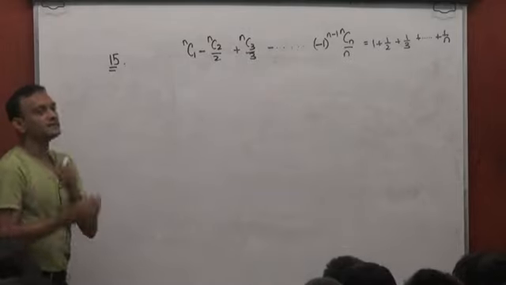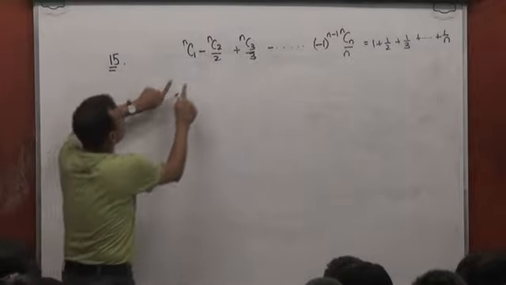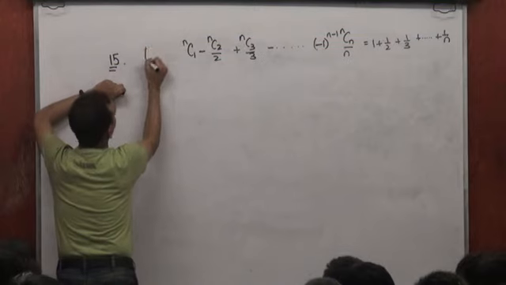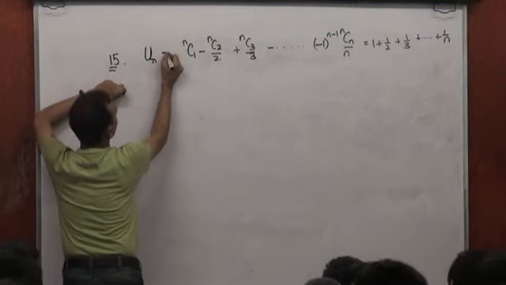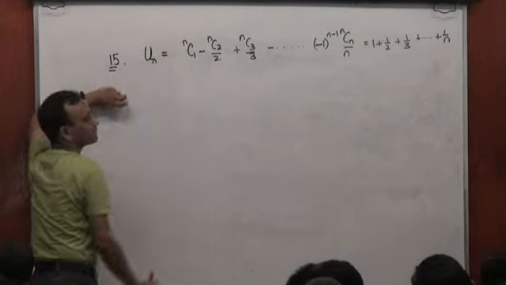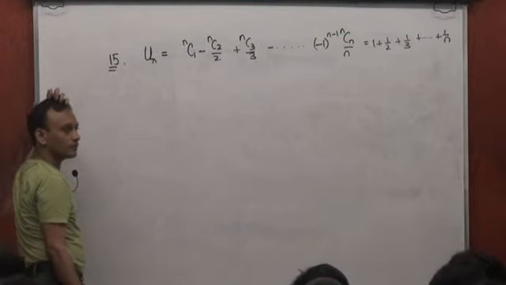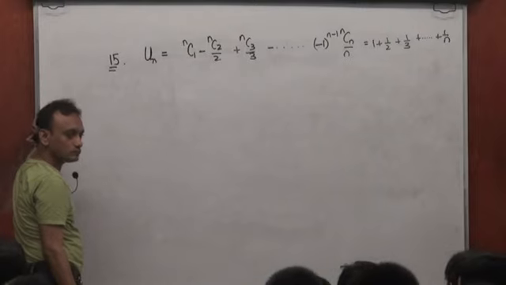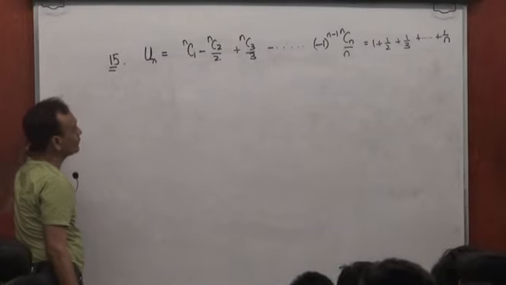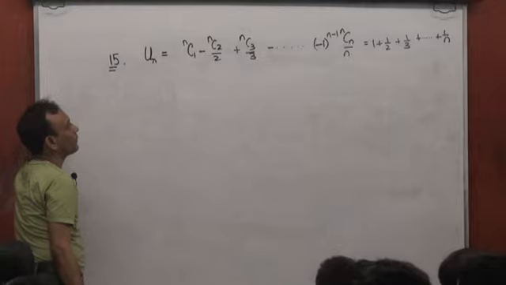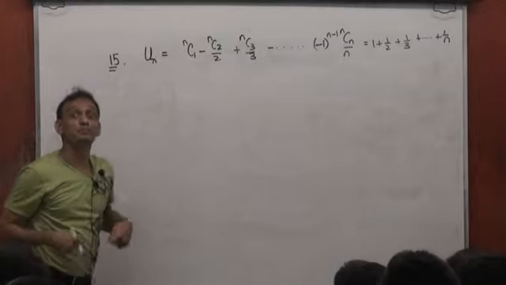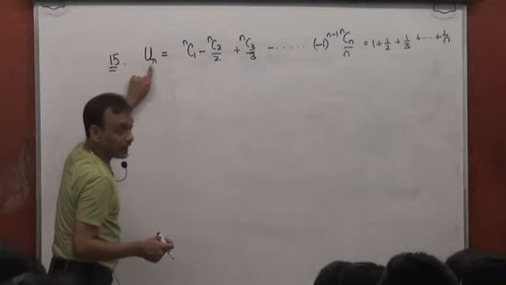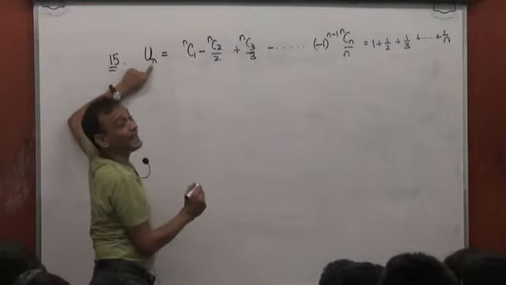Now, do you realize that if I choose to call this expression as some un, and I can establish, if this is un, then what would un minus 1 be?